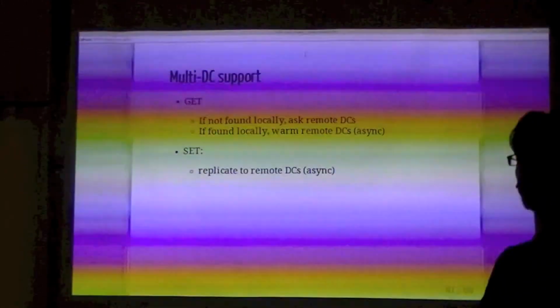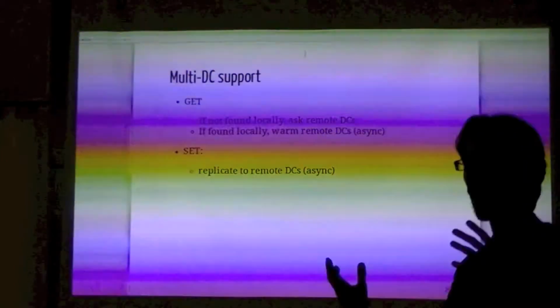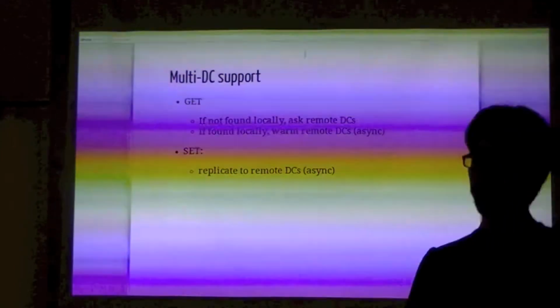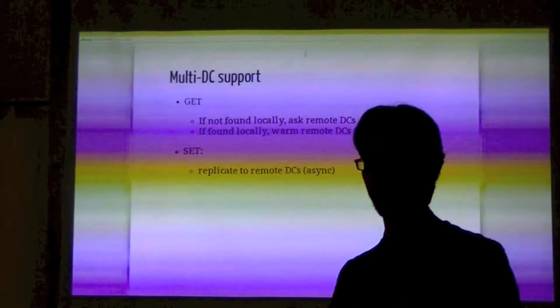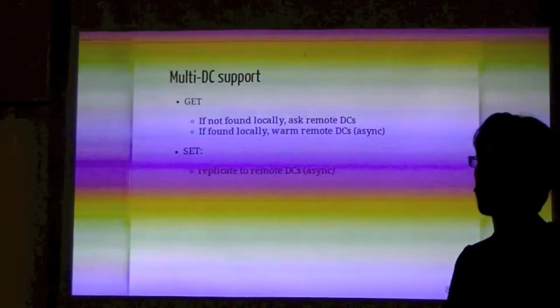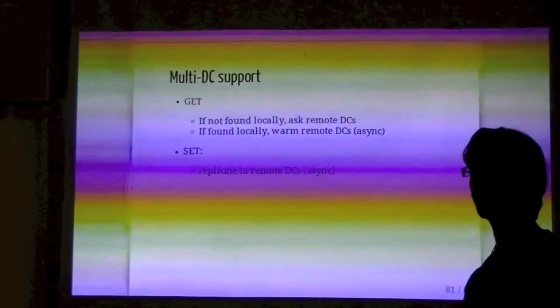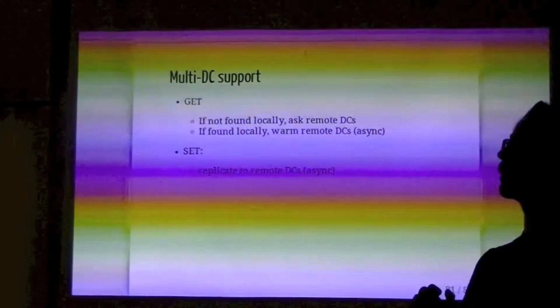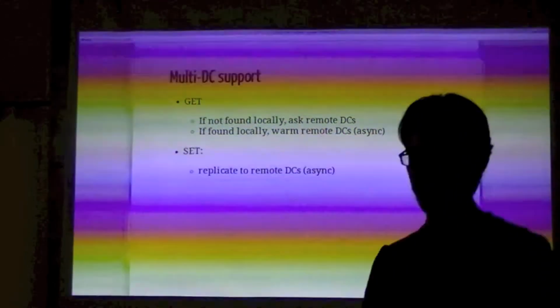If anybody studies distributed systems, there's the whole CAP theorem. Distributed systems are hard. Consensus can't be done quickly. We can't guarantee that everybody has the data, so we're very optimistic about these replications.